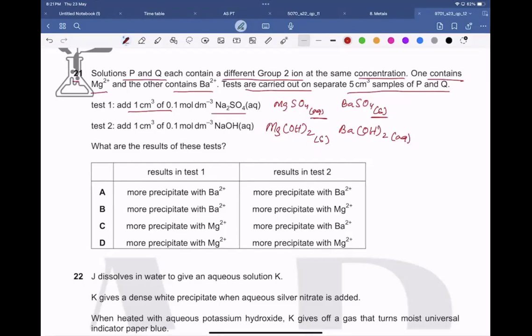So in test 1 we are getting more precipitate with barium. So C and D go wrong. A goes wrong as well. And we are left with option B. So B is correct. Yes, very good, Adina.